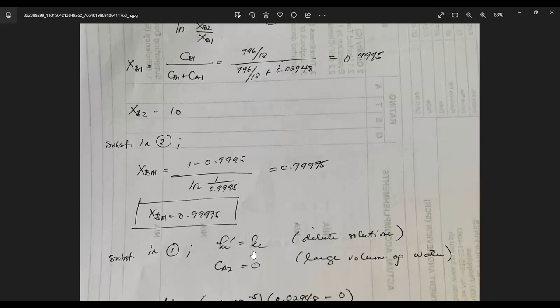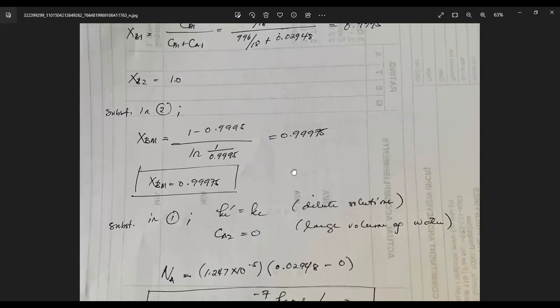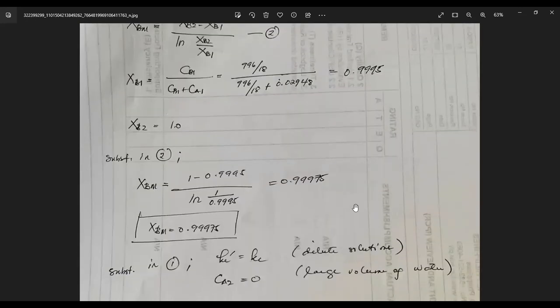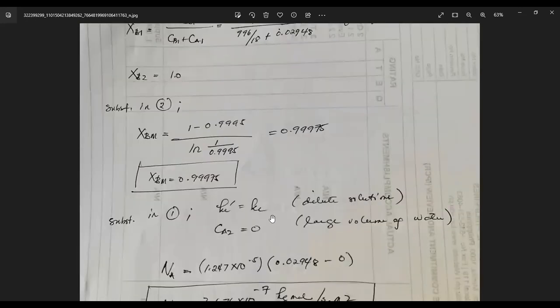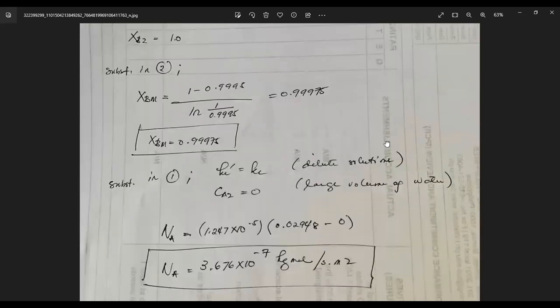So your concentration of naphthalene then at point 2 will be 0. It's like all water. So knowing the XBM, and you have determined already the K sub C prime, which could be used in lieu of K sub C for dilute solutions, then you can substitute everything here in equation 1. So this is your answer for your flux. And this is your X sub BM.